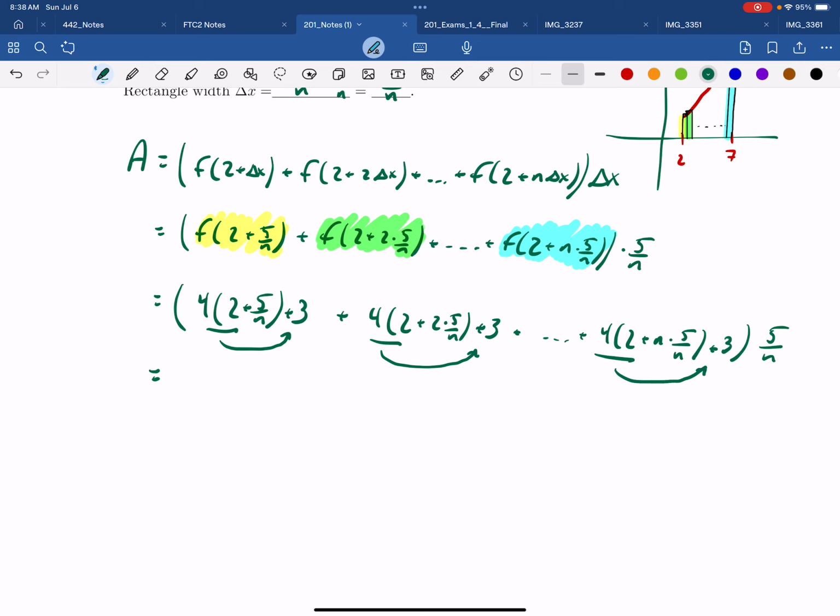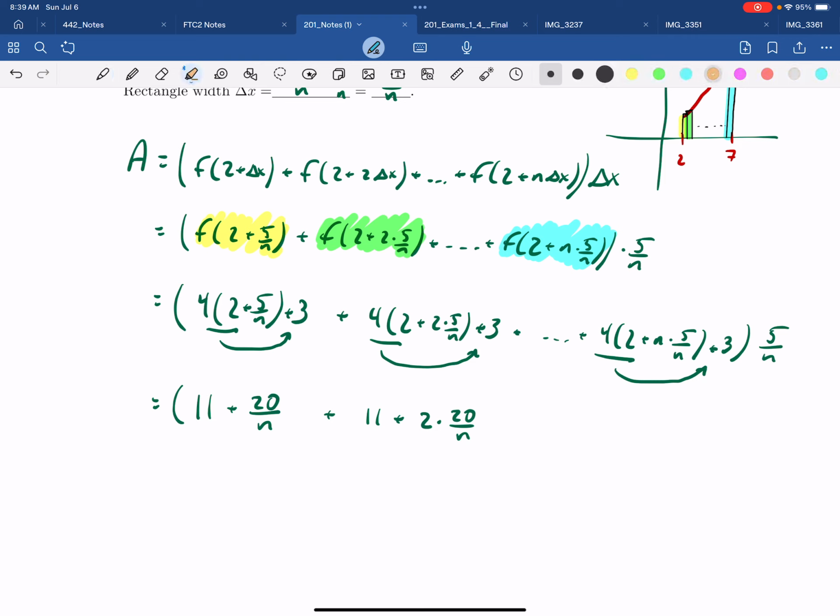It's going to be 11 plus, and I'll also multiply out the other stuff, 20 over n, plus 11 plus 2 times 20 over n. See where I'm getting the 20 over n from, right?